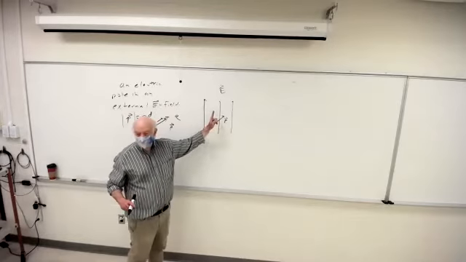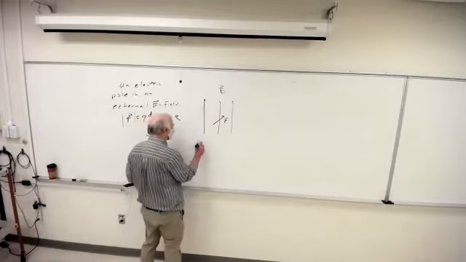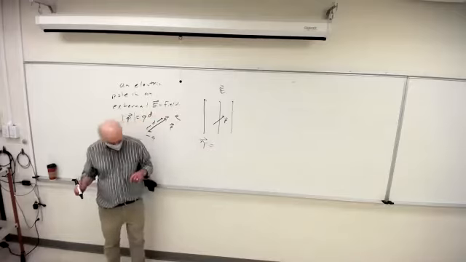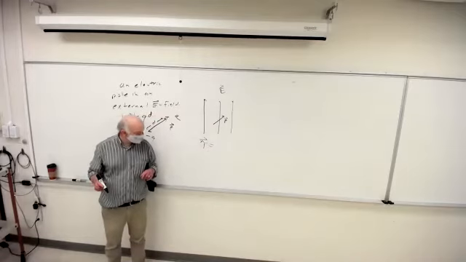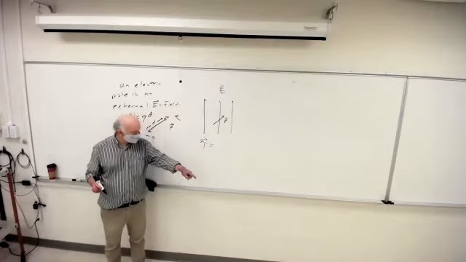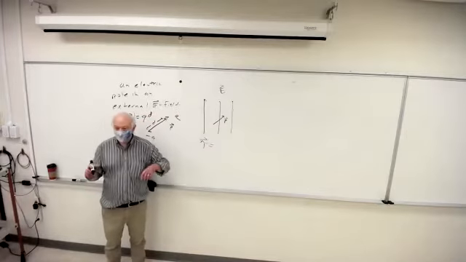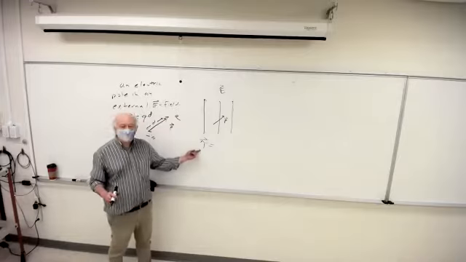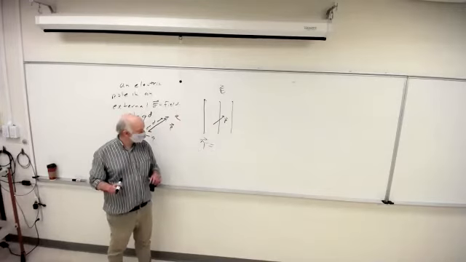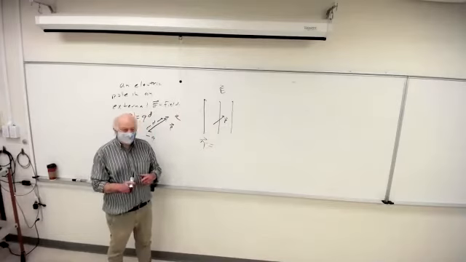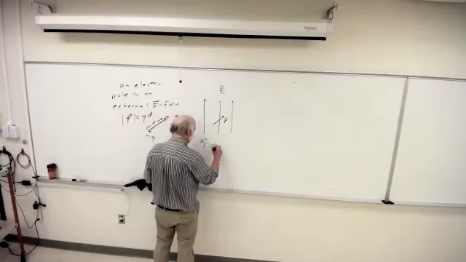And we said it's going to put a torque on it. So the torque, and I stated this last time, what did we say the torque is given by? Yeah, P cross E.